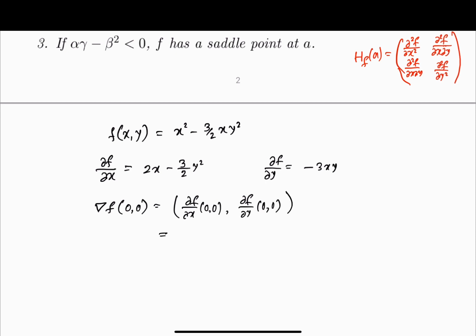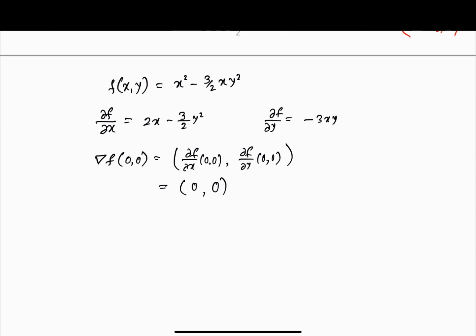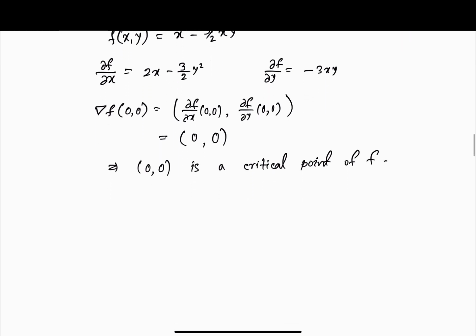If you put it here, you will get both 0. So the gradient of f at the point (0, 0) is the zero vector, which implies (0, 0) is a critical point of f, right?